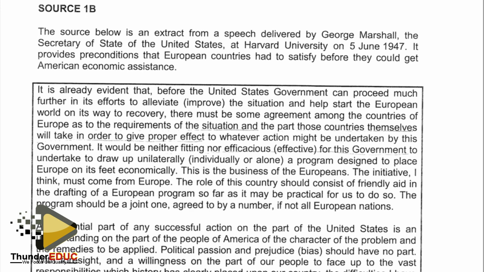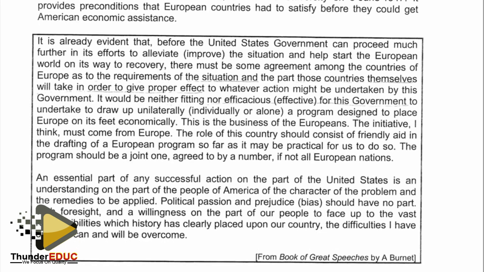It provides preconditions that European countries had to satisfy before they could get American economic assistance. Right, the Marshall Plan had its own prescriptions that were supposed to be abided by for countries to be eligible to get the funding. As you go through the source, you understand what it is talking about. But basically that is the idea behind the heading of the source.